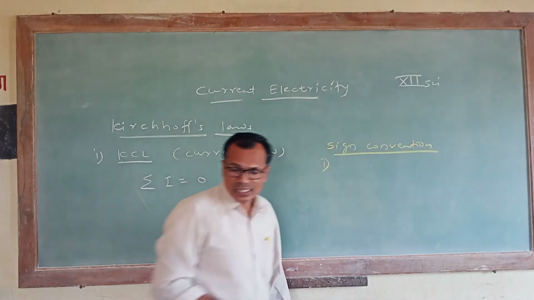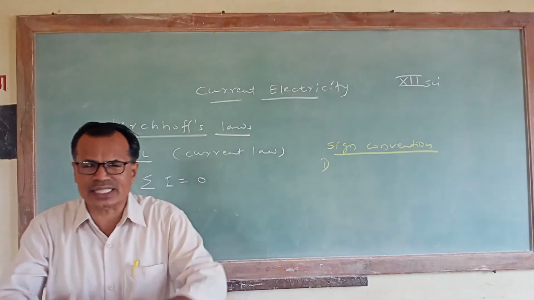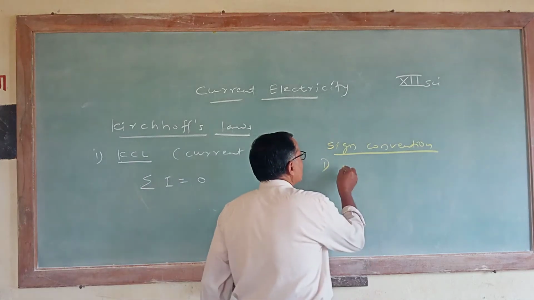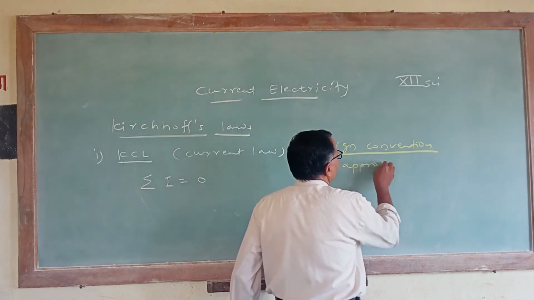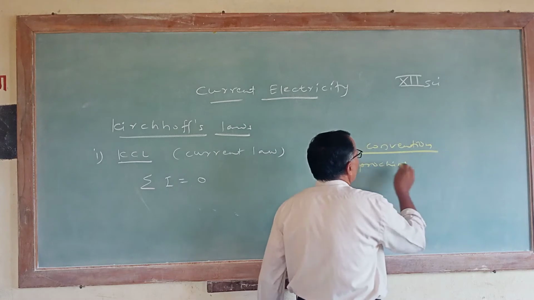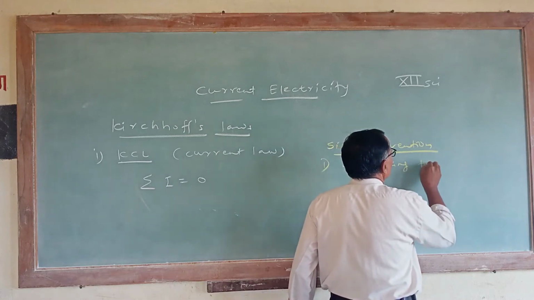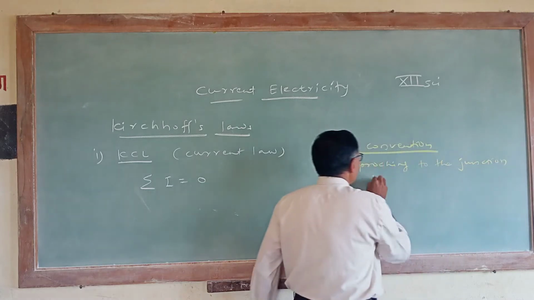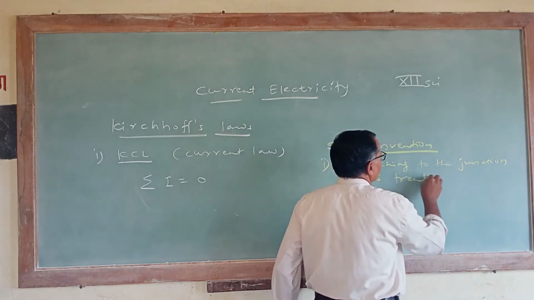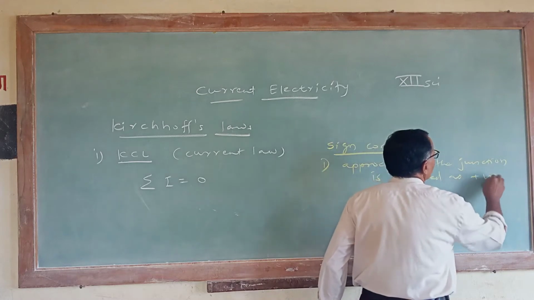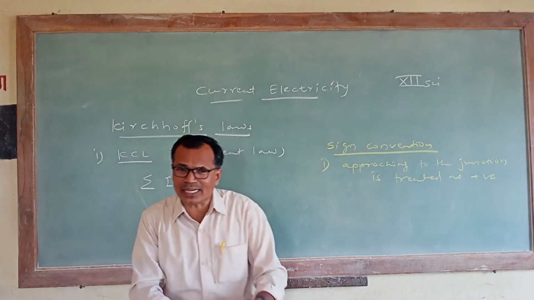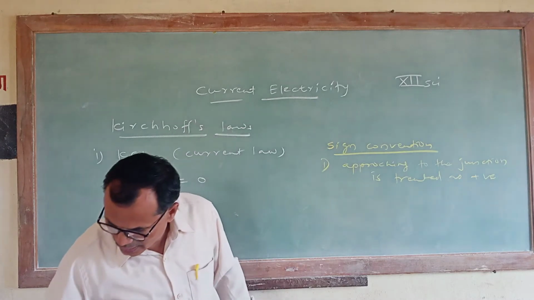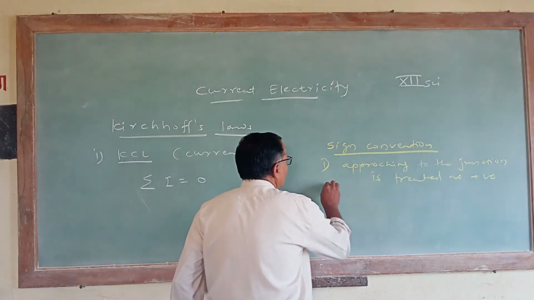First, the current approaching the junction, the current arriving at the junction, is treated as positive. Means the incoming current at the junction is positive.